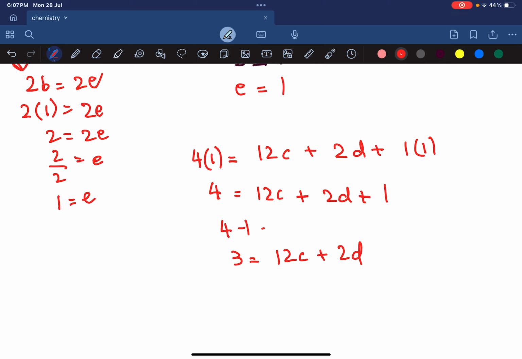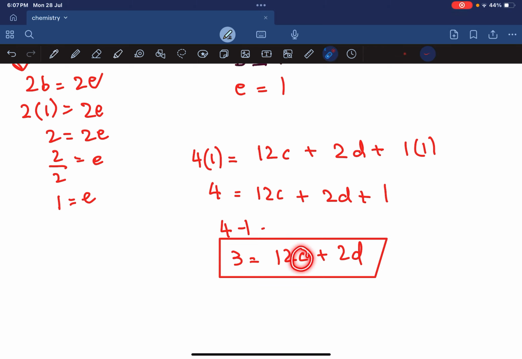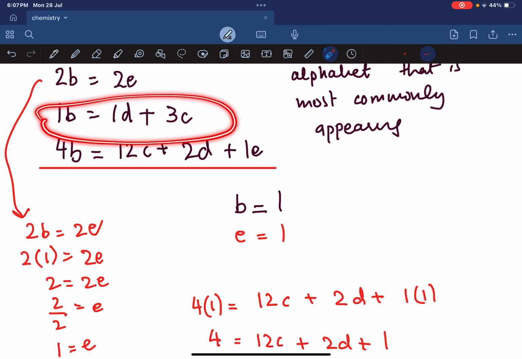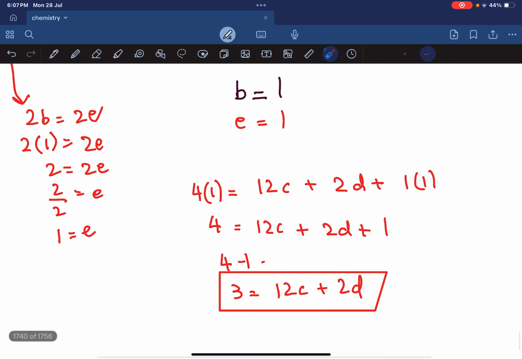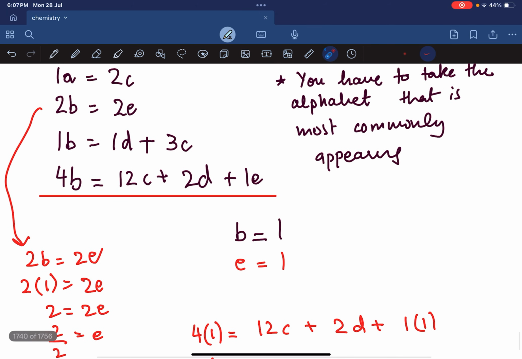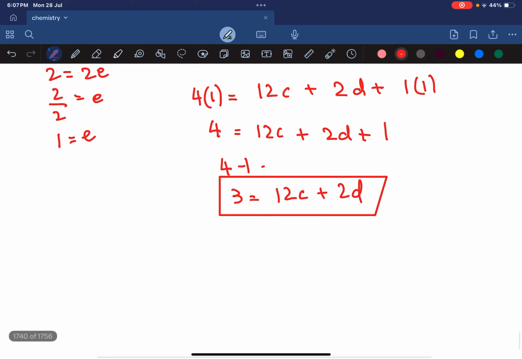And now this is my one equation, and I have two alphabets in it. This equation also has two alphabets, D and C, and this one also has D and C. So I'm going to simultaneously solve these two equations. So 1B equals 1D plus 3C.